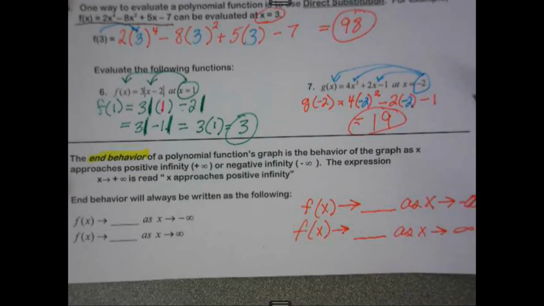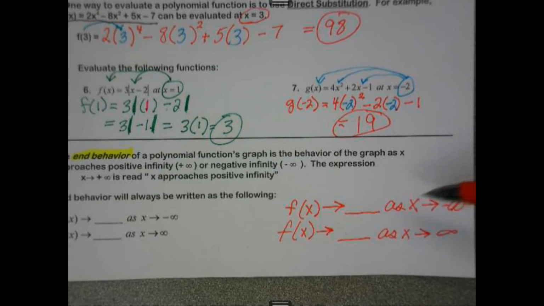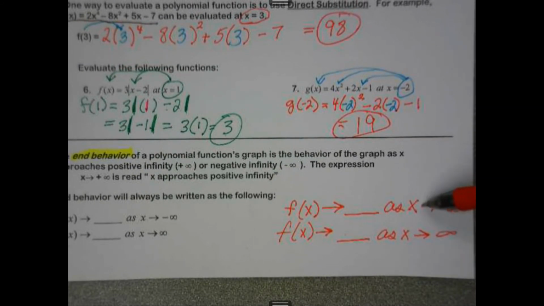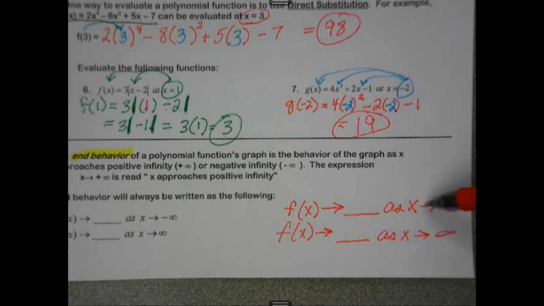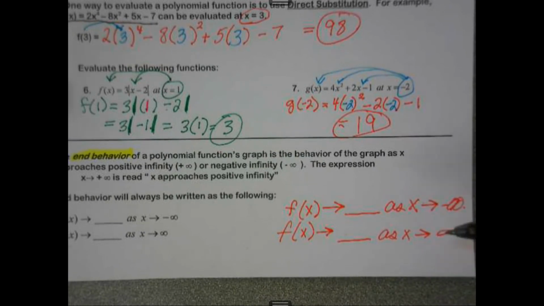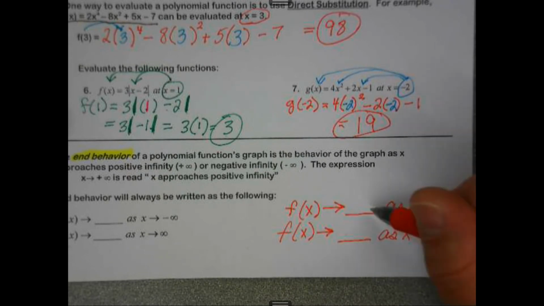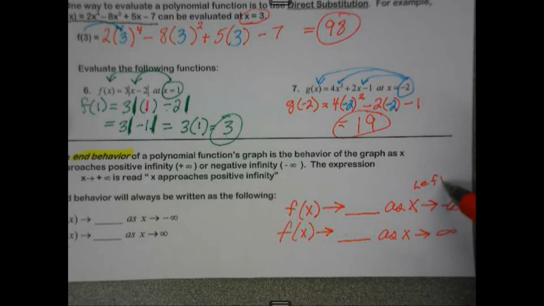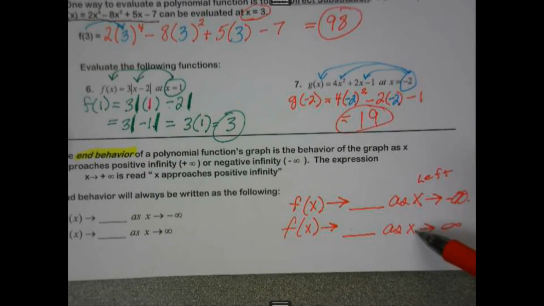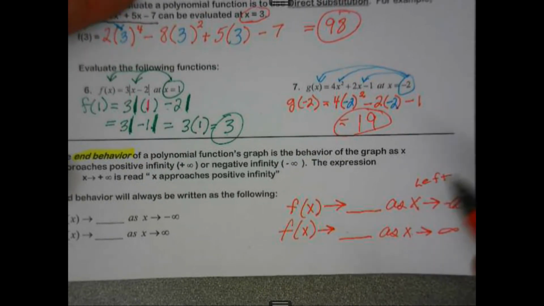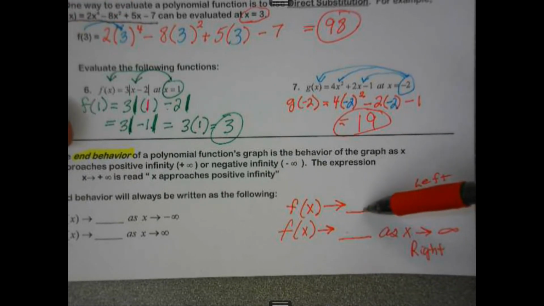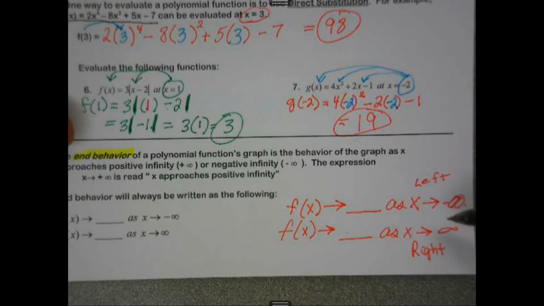Now, the way you do this is you always figure this out first: look at your domain on your x-axis going towards the left, and then you look at your x-axis as it's going to the right. It's up to you to figure out how that graph is acting when you go to the left on your x-axis, and how your graph is acting when it goes to the right. You have to fill in the blanks.